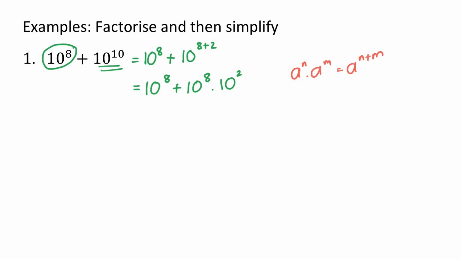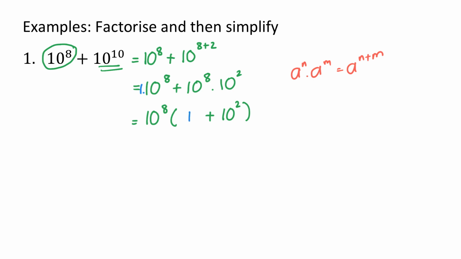Now furthermore, I can take out my common factor of 10 to the power of 8. And I know that my second term is going to be 10 squared. And my first term in the brackets is going to have to be 1, because 1 times 10 to the power of 8 gives me 10 to the power of 8.